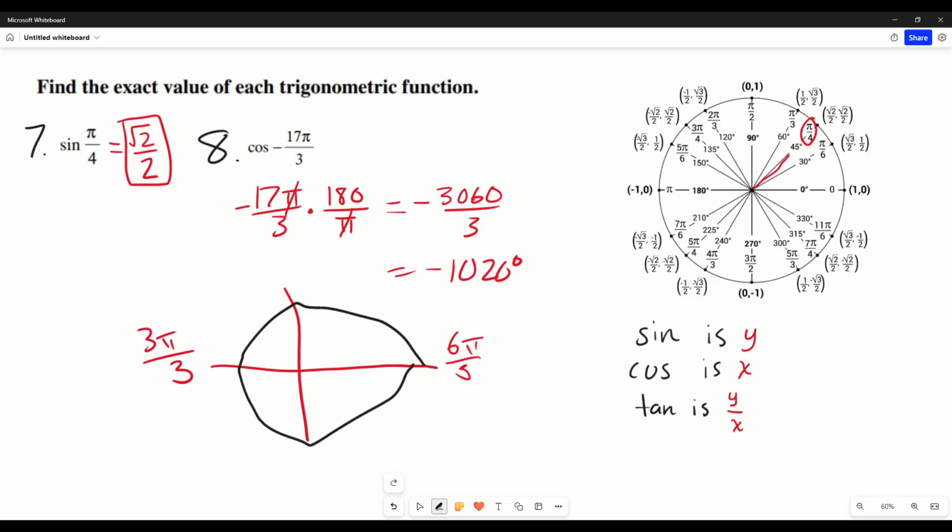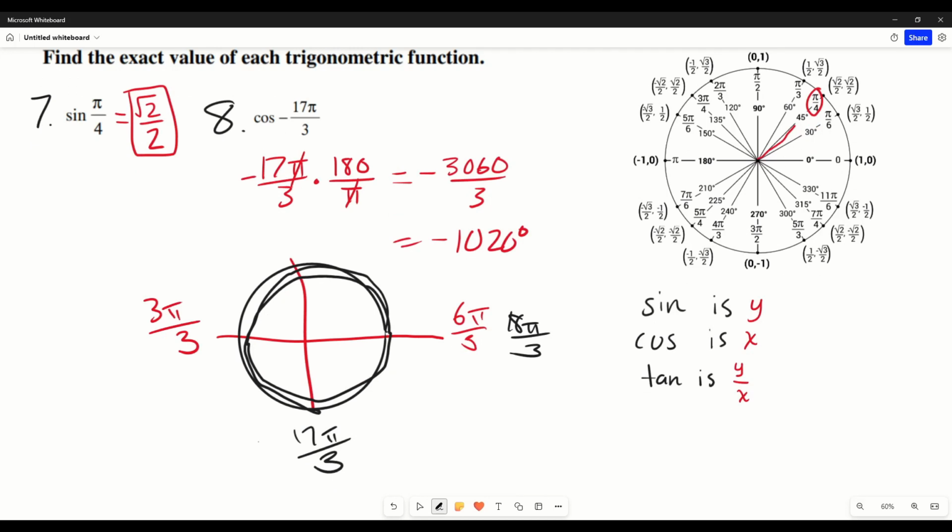There's one full circle. 7, 8, 9, 10, 11, 12, 13, 14, 15, 16, 17. So this is going to be 17 pi over 3 right here. 17 pi over 3 is actually not here. It is going to be right here.